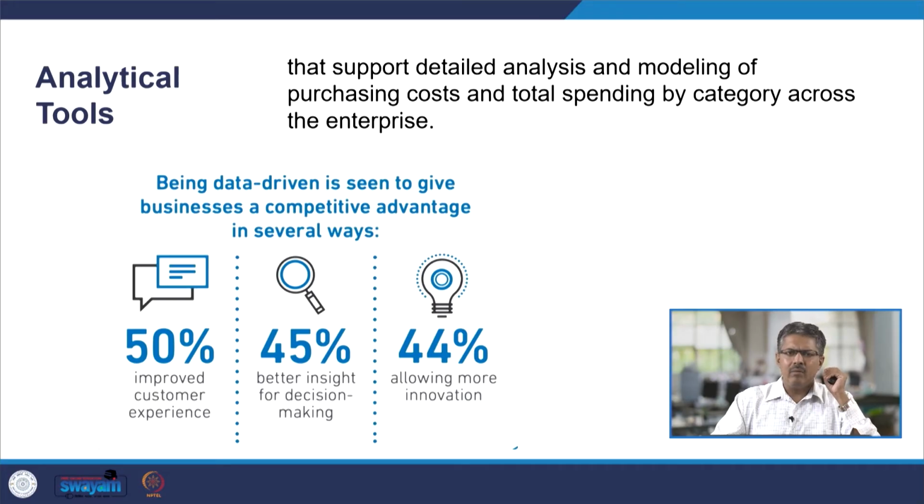Nowadays, there is a lot of requirement of data scientists and people who understand how to analyze data, right. So, improving your customer experience, improving insights for decision making, and it allows for more innovation. So, this kind of data crunching and data analysis helps you to do such innovations and create better customer experiences, right. So, these are very helpful from a customer point of view and a business point of view also.